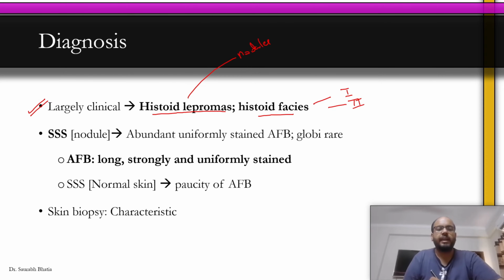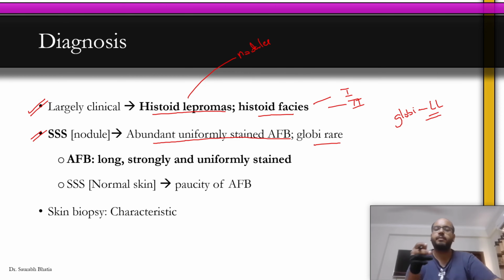If we do a slit skin smear of the nodule, you will find abundant uniformly stained AFB, acid-fast bacilli. So you will see a large number of M. leprae, which are uniformly stained by acid-fast stain. Globi formation is rare. Now remember, globi is more a feature of lepromatous leprosy. Clear?